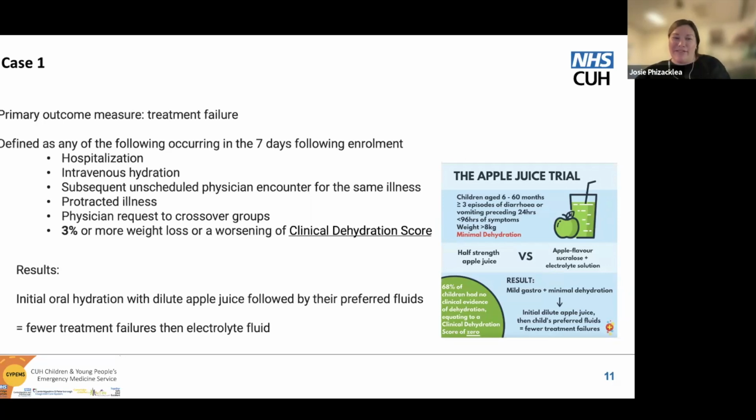And I think that's pretty relevant, because that's the main objective, trying to get them home, and get them tolerating their fluid challenge. And if they failed the fluid challenge, they either ended up being admitted or having IV, or having to have another physician encounter for the same illness if they had protracted illness, or if the physician requested that they had to cross over groups for clinical reason, or they then developed a higher dehydration score.